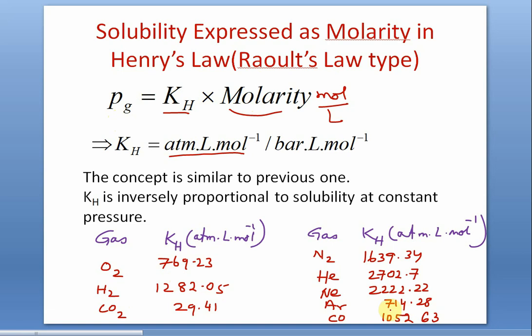Argon, you see, 714.28. It is slightly more soluble than oxygen, right? Because oxygen is 769, argon is 714. So the less the kH value, the more the solubility. And here helium has the highest, 2702.7 atmosphere liter mole inverse. It has the least solubility in this panel, right?